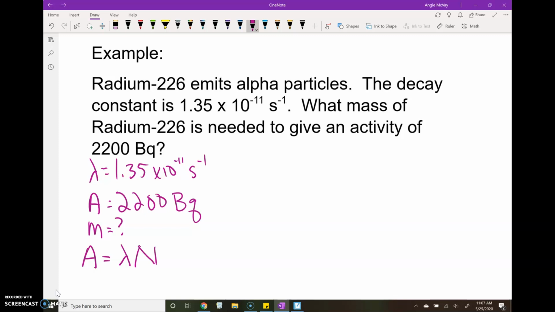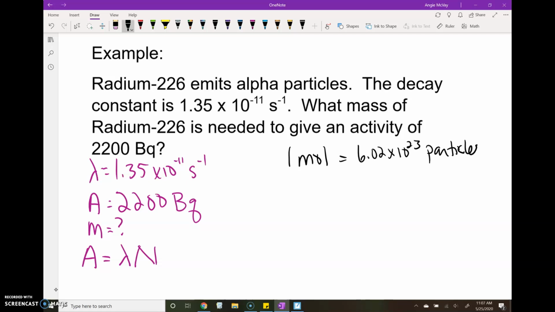So one of the things that we know, as kind of an aside, is we can relate the number of particles to a mass, right? We know that 1 mole is equal to 6.02 times 10 to the 23rd particles.